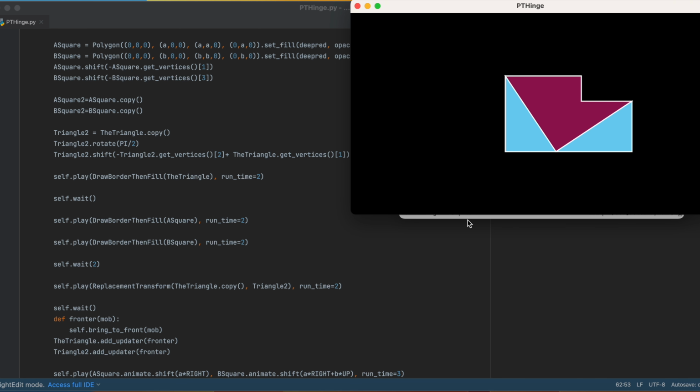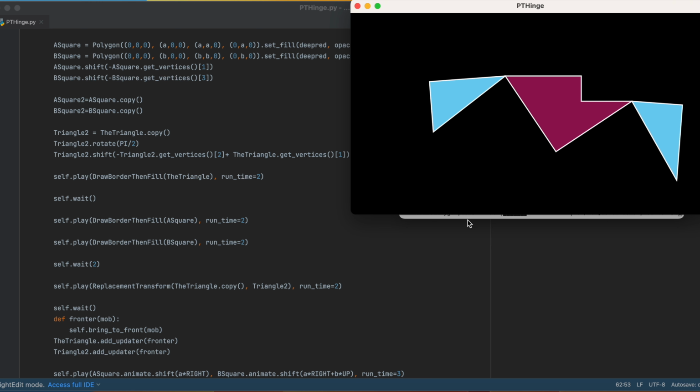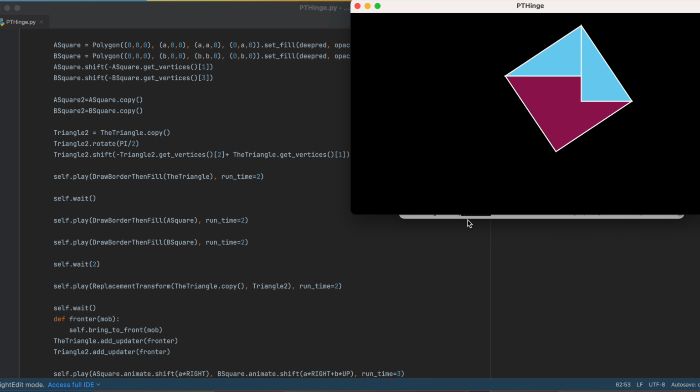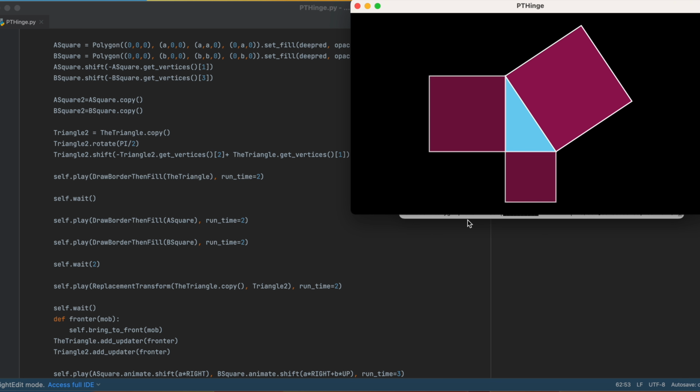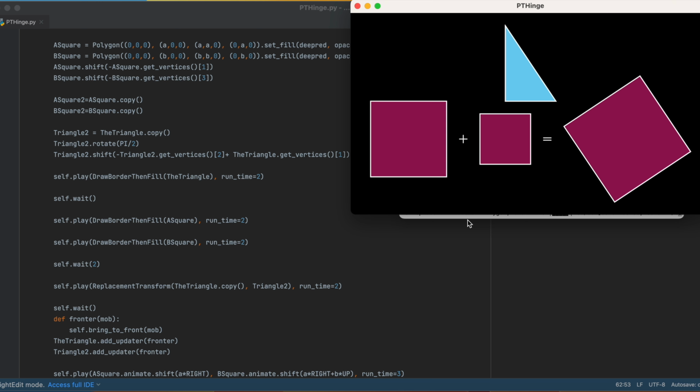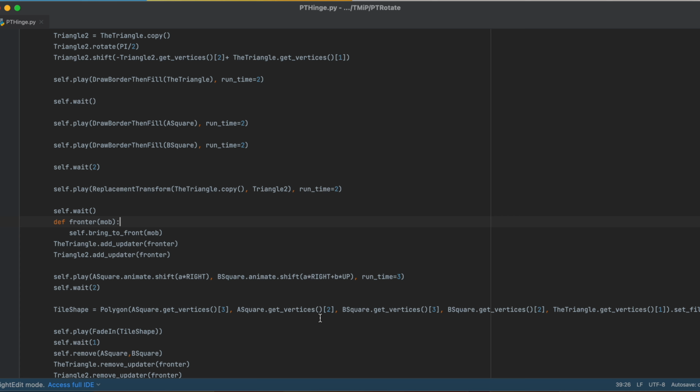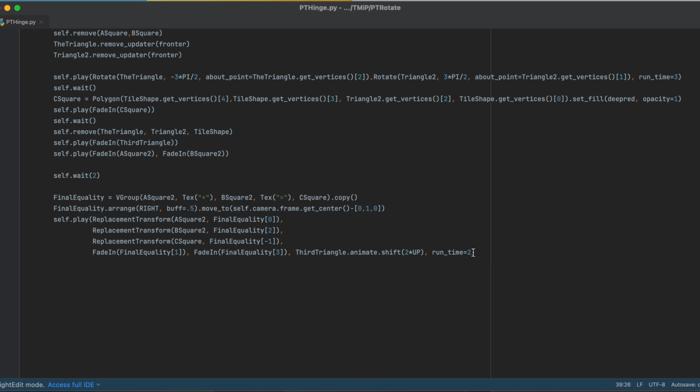We fade in a new tile shape, which is that shape. We rotate the 2 triangles around, and we end up with the area of a c by c square. And then that means that the original 2 squares were equal to the 3rd. And all we need to do then is sort of add some labels to this. And so that would take a little bit of time, but hopefully not too much.